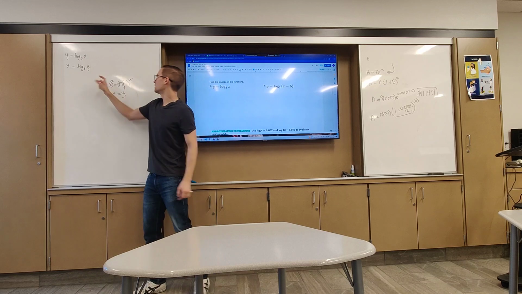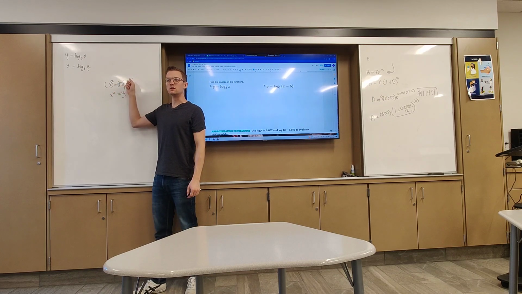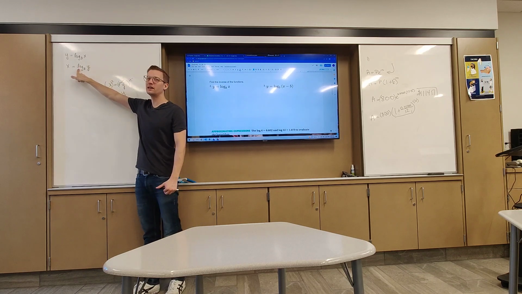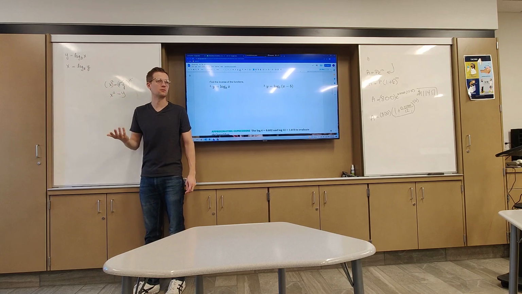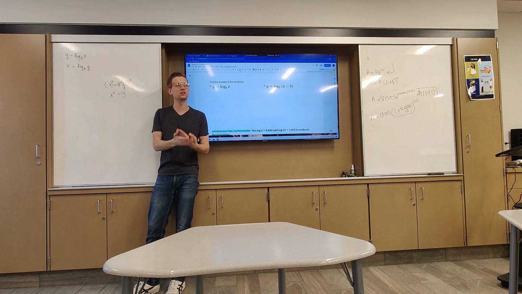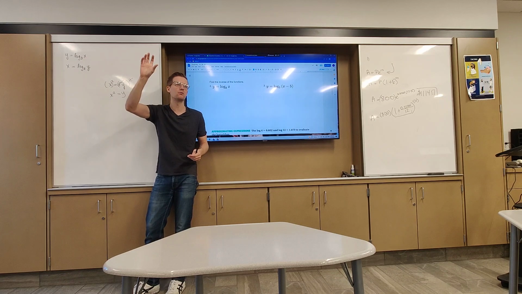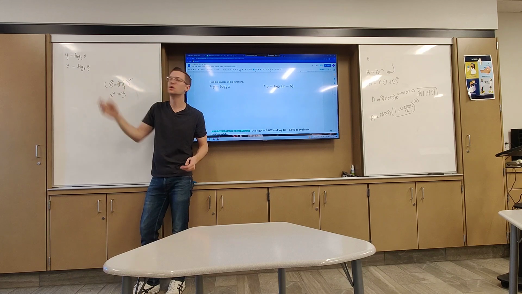Right. So in the same way that we had to use the inverse function of the square root to get rid of the square root, we have to use the inverse function of log base 8 to get rid of the log base 8. What is the inverse function of log base 8? It's 8 to the power of that variable, right?